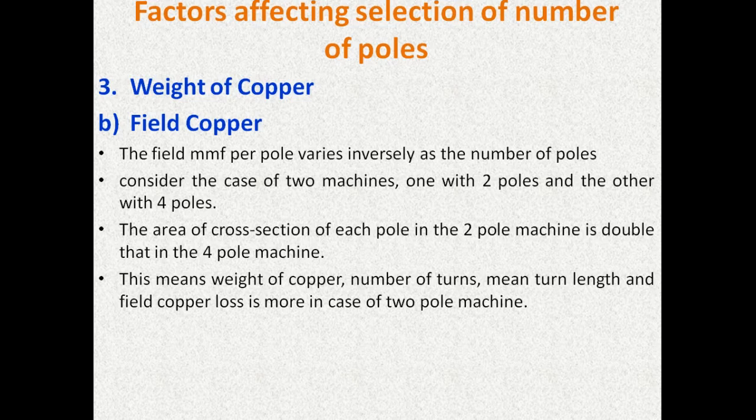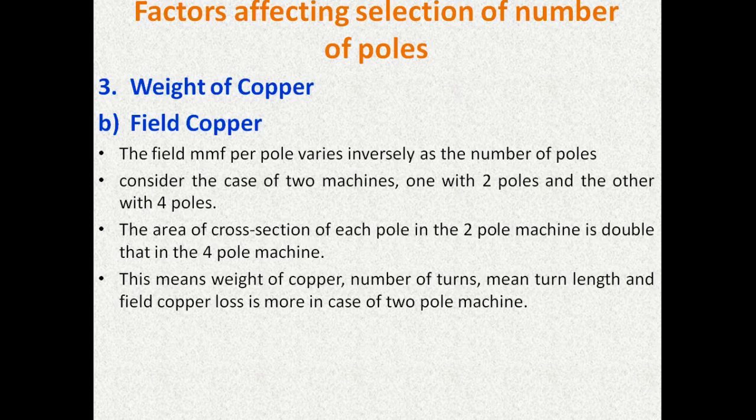So when the number of poles is small, due to this large cross-sectional area of the poles, definitely the mean turn length of the field winding also will be large. As this mean turn length is large, hence the weight of copper and therefore the field copper loss.